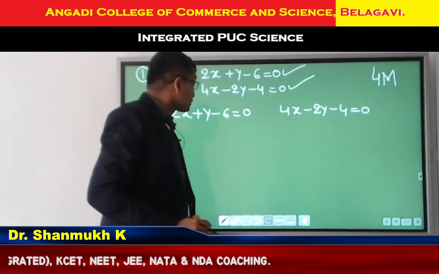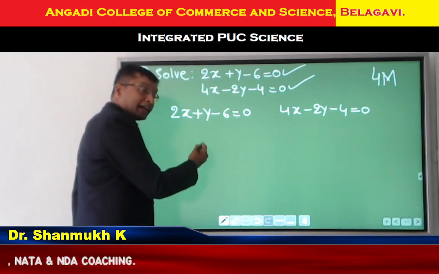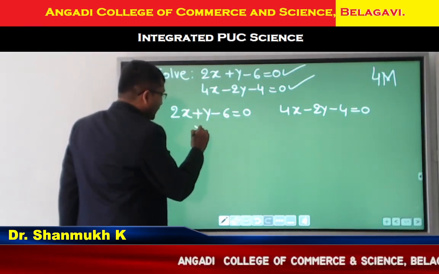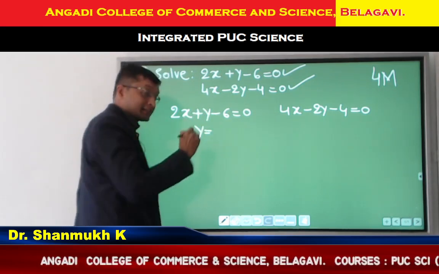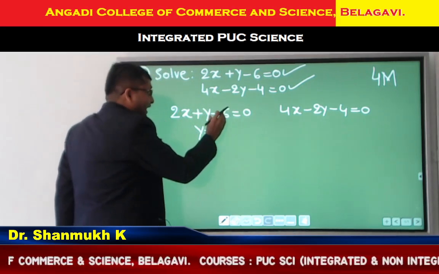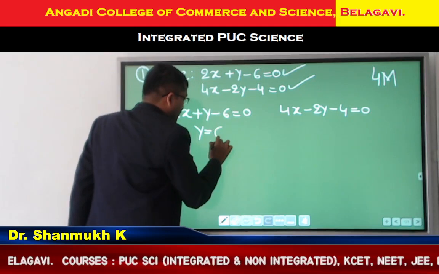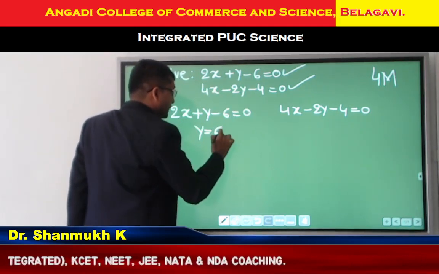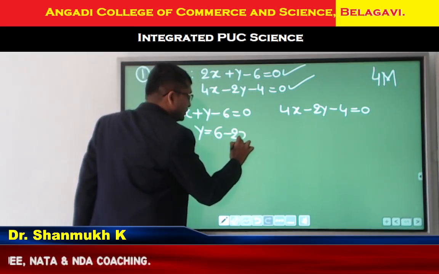Then write a solution for y. Here I keep y on the LHS. This minus 6 I transport to the RHS and we get plus 6. Plus 2x I transport to the RHS and we get minus 2x.